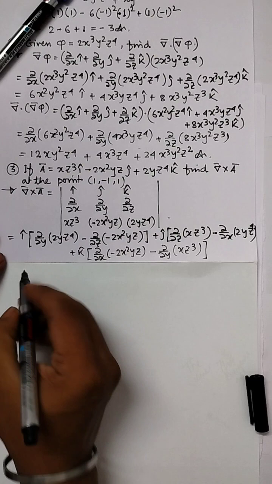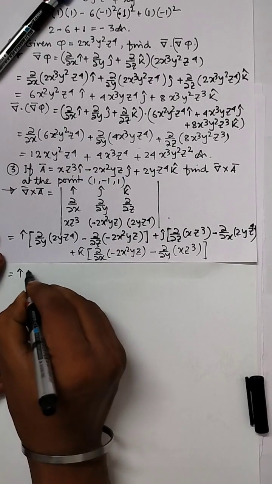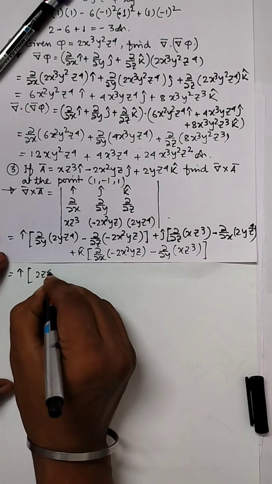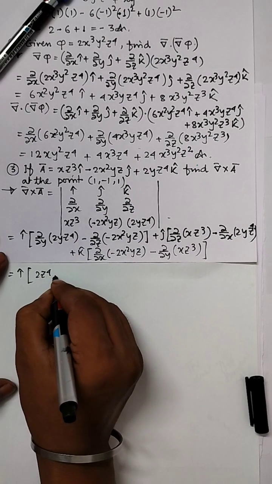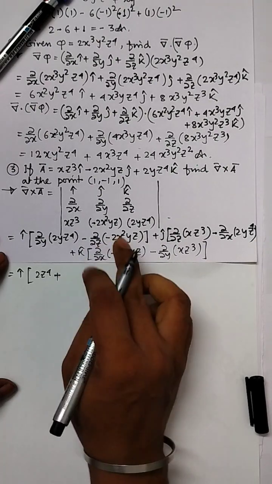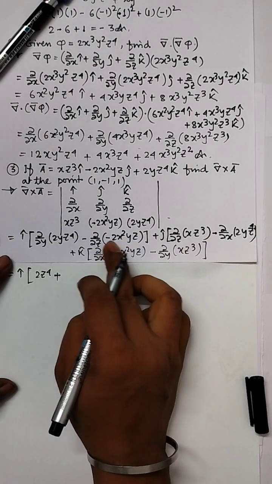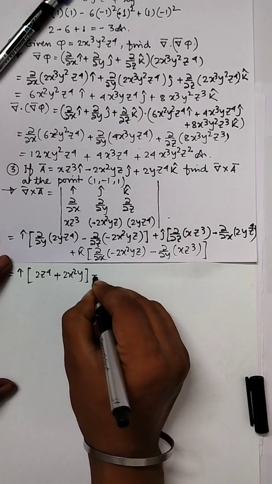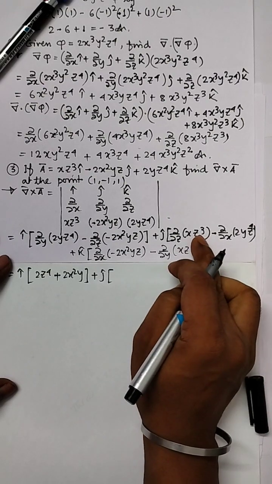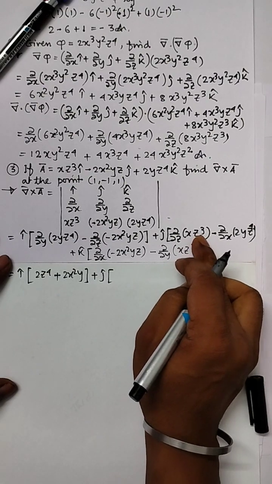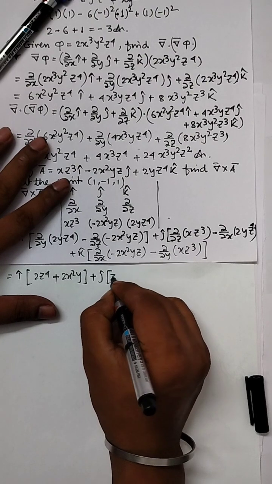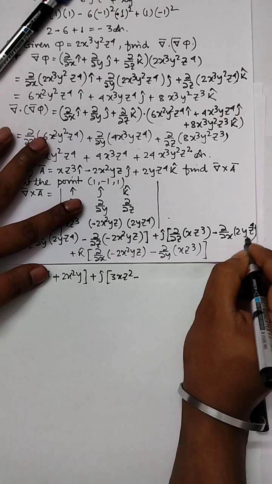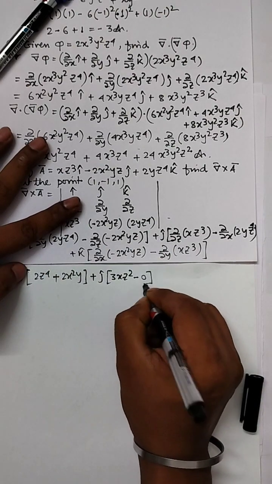Now differentiate each part. With respect to y, that means 2z⁴, minus and minus a plus, differentiate with respect to z, that means 2x²y. Plus j of, differentiating with respect to z, 3xz², minus with respect to x, this is actually 0.